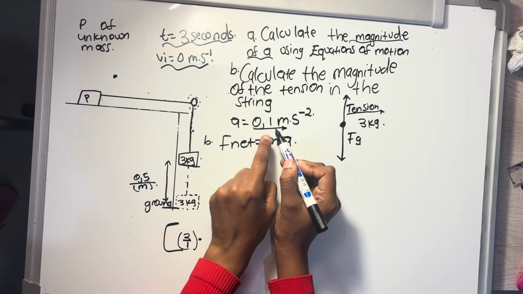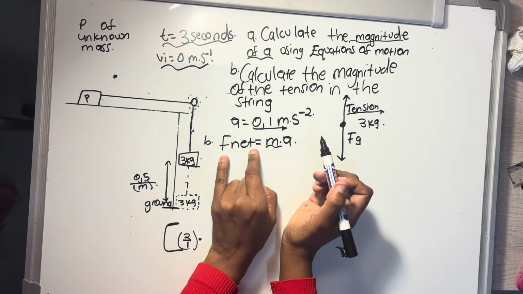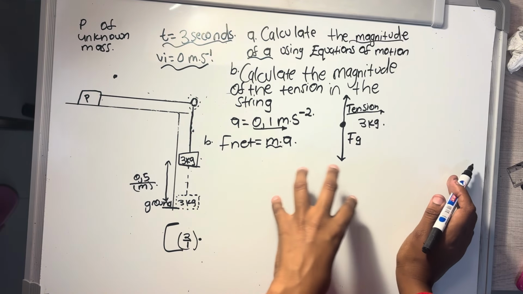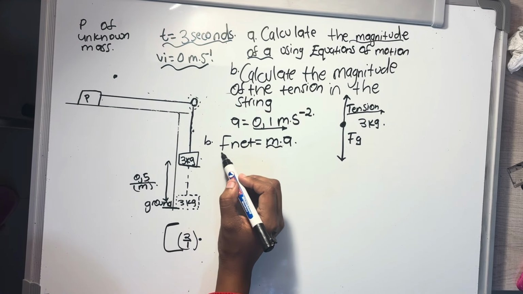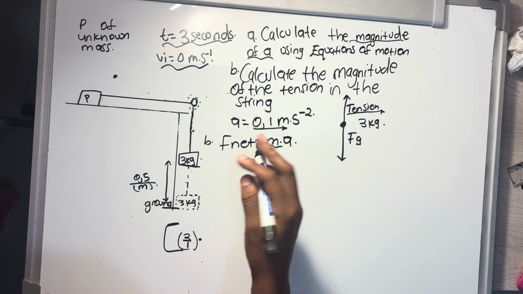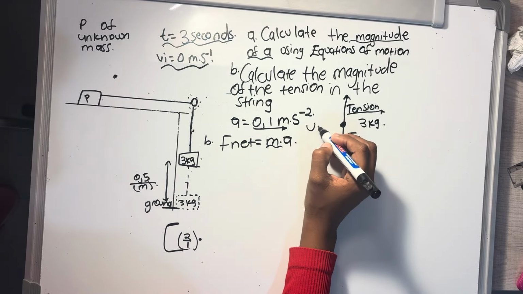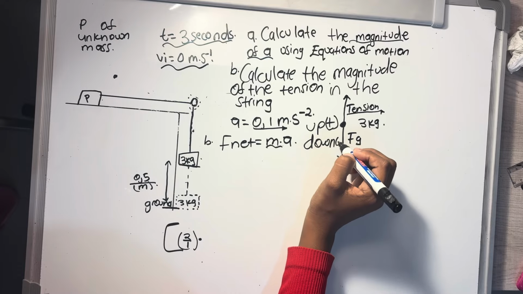So we do indeed have acceleration, and we know the mass as well. So don't try and say F net is going to be equal to 0, right? So for the F net, the total forces on this 3 kilogram block, what is it going to be? Let's choose up as positive and down as negative.